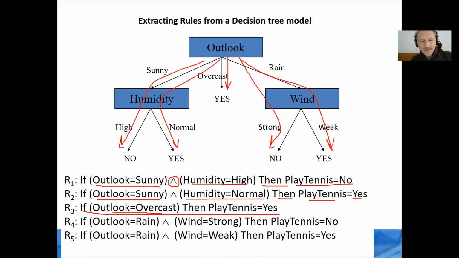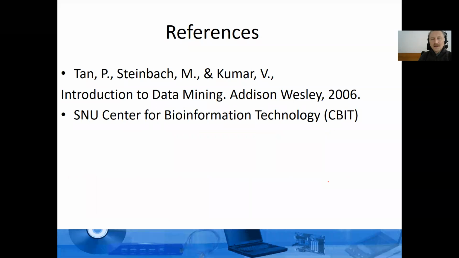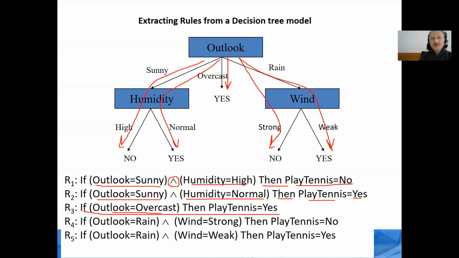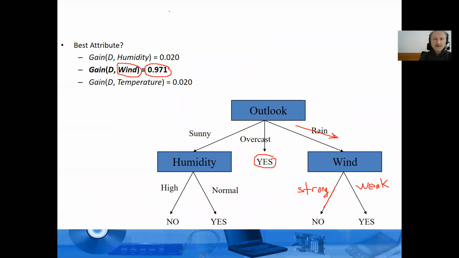And you can find the other rules. You can convert this decision tree model into rules like that. Every branch is one rule. So today we produced our decision tree manually, making some calculation. But in the next lesson, we will produce this decision tree automatically.